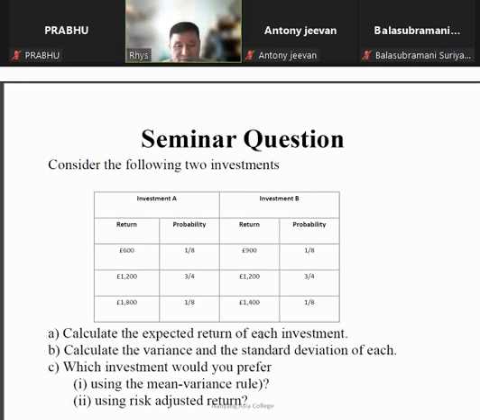So this is a question. Okay, consider the two investments A and B. Calculate the return. Okay, so the first return is, for example, on A side 600, 1002, and 1008. The probability of that return: you look at 1002, it is 75%. The chance of return is there. Okay, you earn. This one is also the same.